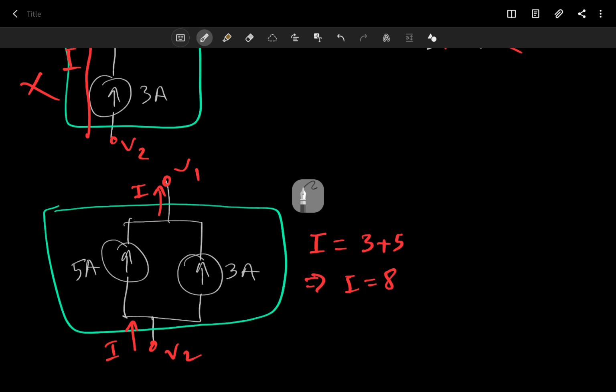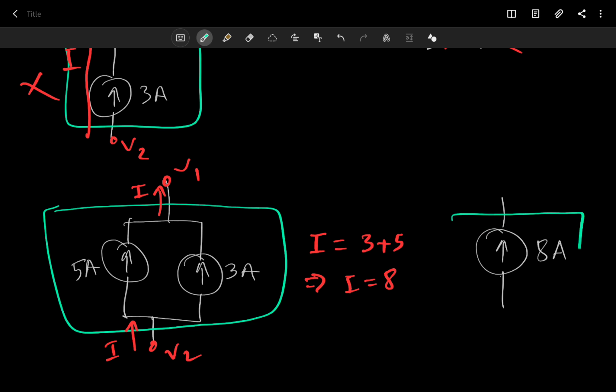So instead of this, if you just use one 8 ampere current source, you will have the exact same equation and exact same voltages outside, so they are equivalent. So voltage sources in series, they add up. Current sources in parallel, they also add up. But voltage sources in parallel or current sources in series are not allowed. So keep them in mind, okay?